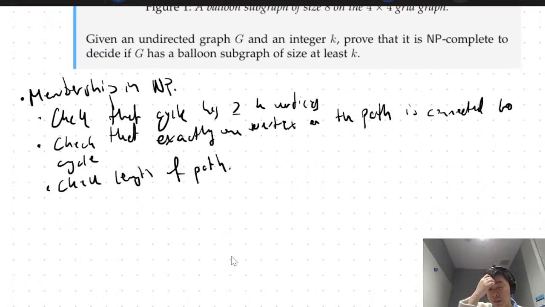Each of these can be done in polynomial time. Checking that the cycle has at least k vertices, you basically just count the number of vertices in your cycle. Then you check that the path has length k plus 1, and then you check one vertex is connected to the cycle. So this obviously can be done in polynomial time. So the problem is in NP.